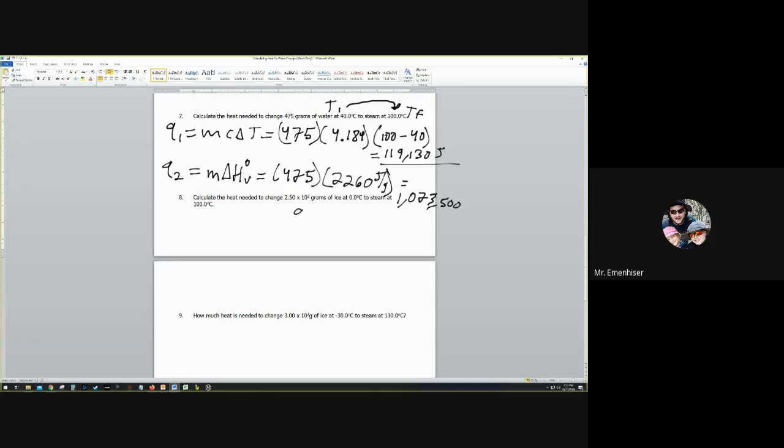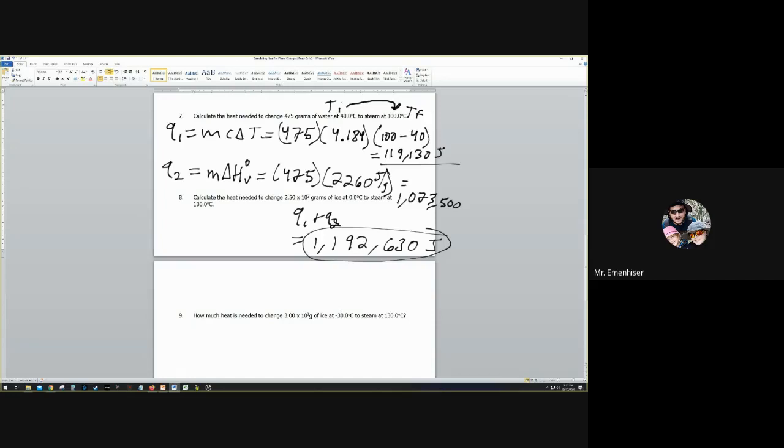All right, and then I do Q1 plus Q2, and I get 1,192,630 joules. And so that would be the total heat needed to take 475 grams of water at 40 degrees. That would be liquid water. Water is liquid between 0 degrees Celsius and 100. Water is gas above 100, and then water is freezing at or below 0.